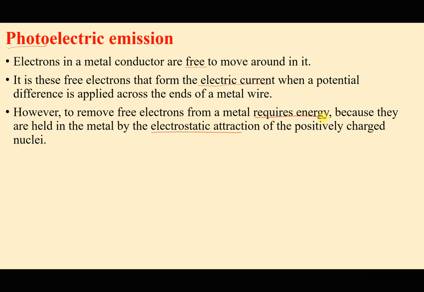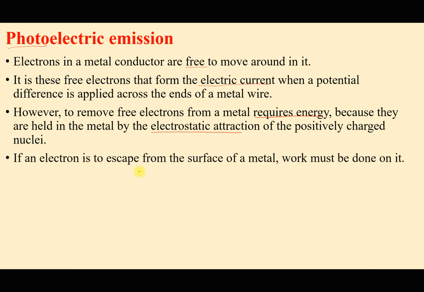If an electron is to escape from the metal surface, that means work must be done against the electrostatic force of attraction, which is keeping them closer to the positively charged nuclei. So the electron must therefore gain energy.